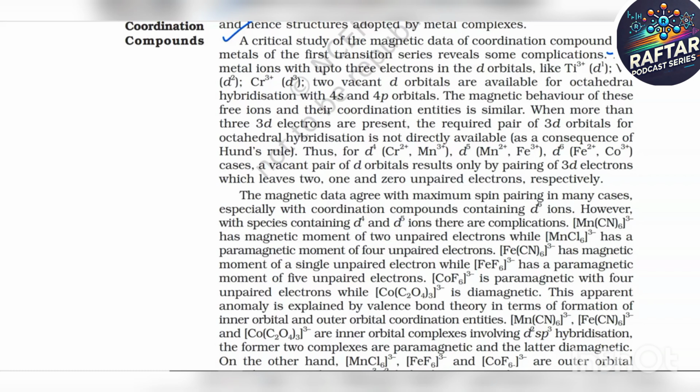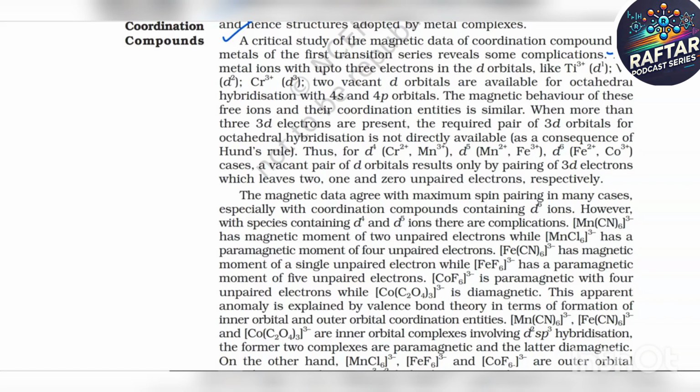Thus, for d4 Cr2+, Mn3+, d5 Mn2+, Fe3+, d6 Fe2+, Co3+ cases, a vacant pair of d orbitals results only by pairing 3d electrons, which leaves 2, 1 and 0 unpaired electrons respectively. The magnetic data agree with maximum spin pairing in many cases, especially within coordination compounds containing d6 ions. However, with species containing d4 and d5 ions, there are complications.